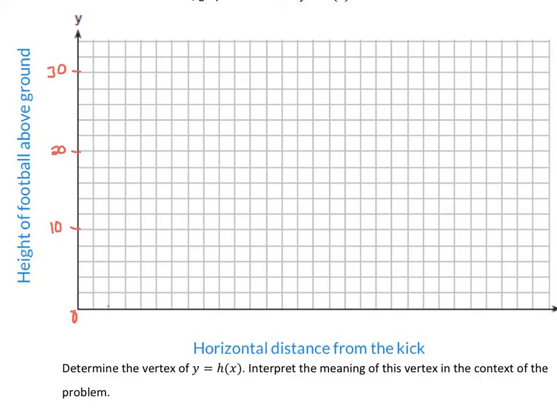So 5, this would be 10, skip 1, 20, 30, 40, 50, 60, 70, 80, 90, 100, 110, 120, 130, 140, and 150.